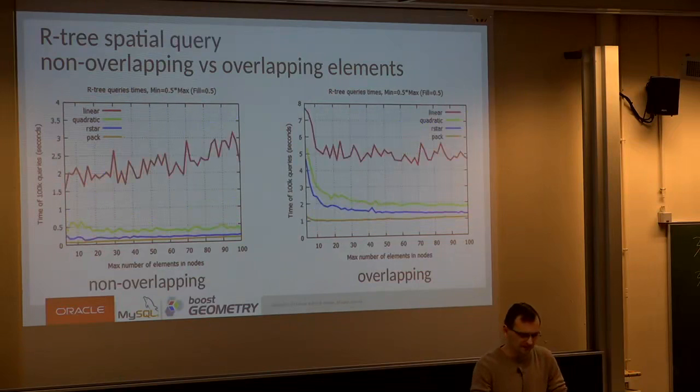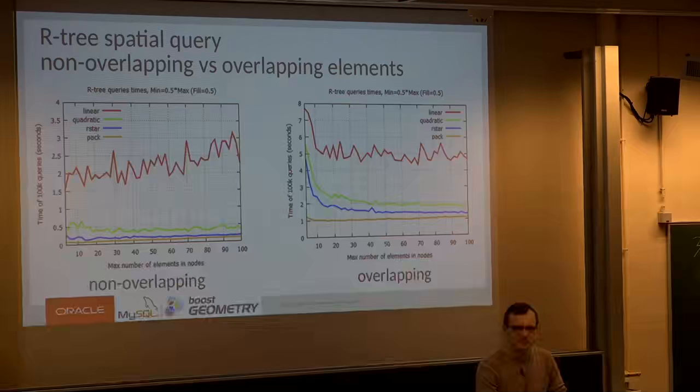But if you see the searching, then here we have something interesting. It seems that for overlapping elements, if you have too small a number of elements stored in a node, then you increase the time of search. So the more overlap you have in your data, the bigger the node should be, basically.